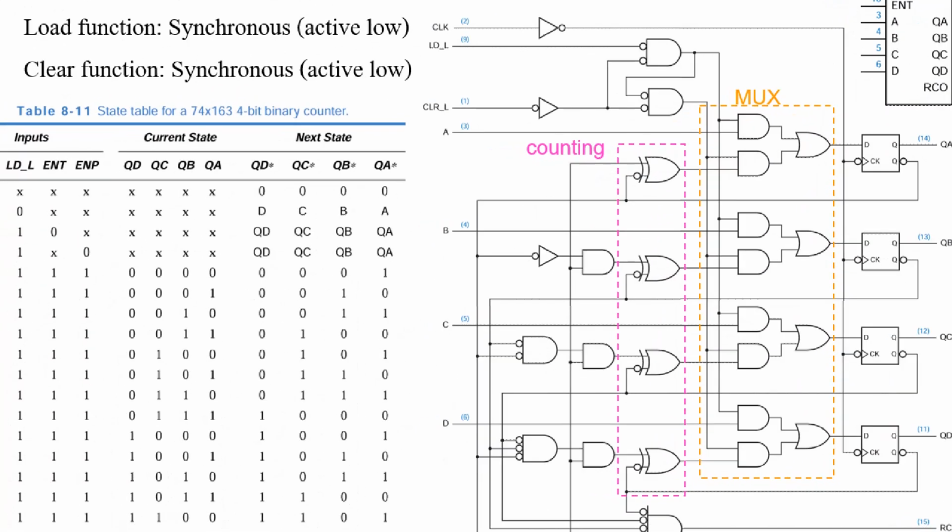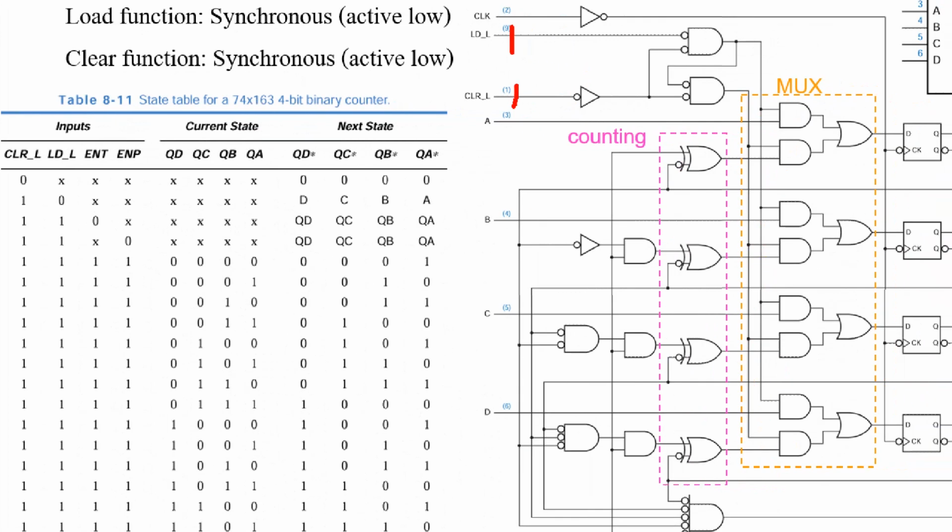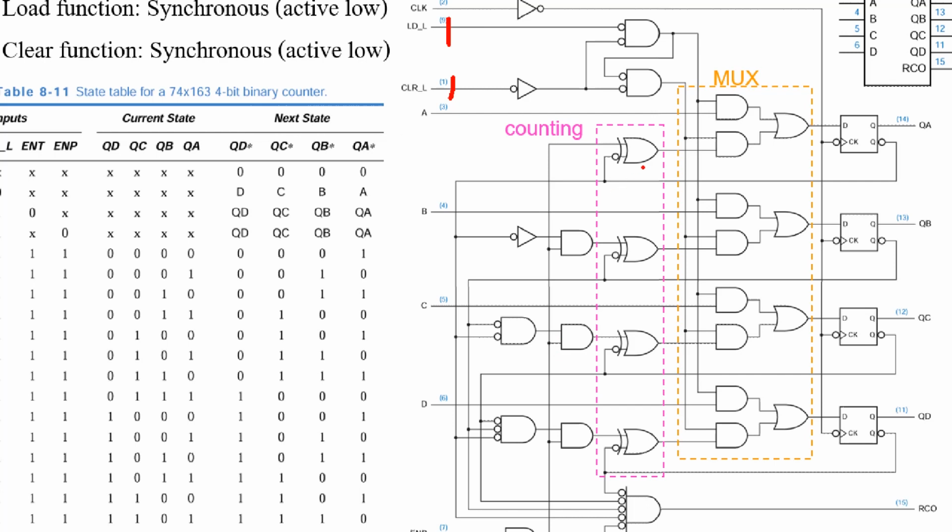And what else? If not clear, not load, that means you must apply 1, 1 here. So what happened? 1, 1 here gives 0 here. This output is 0. Then 0 here, this output is 1. That means this one is 0, then this output is 0, and this becomes 1.